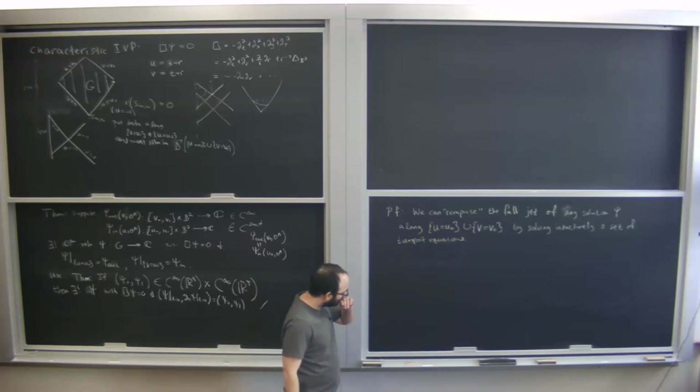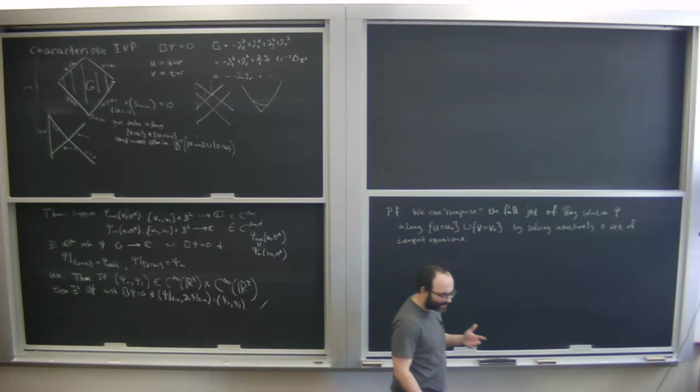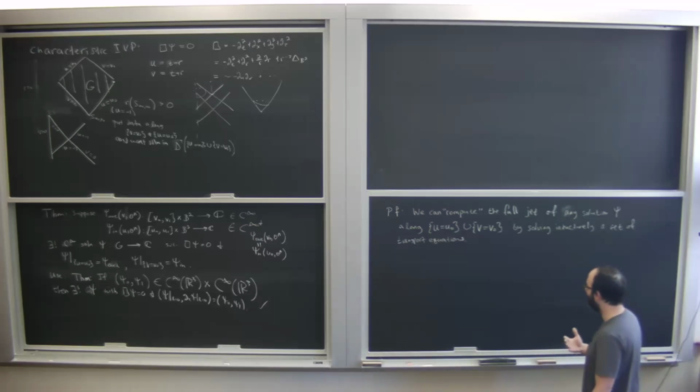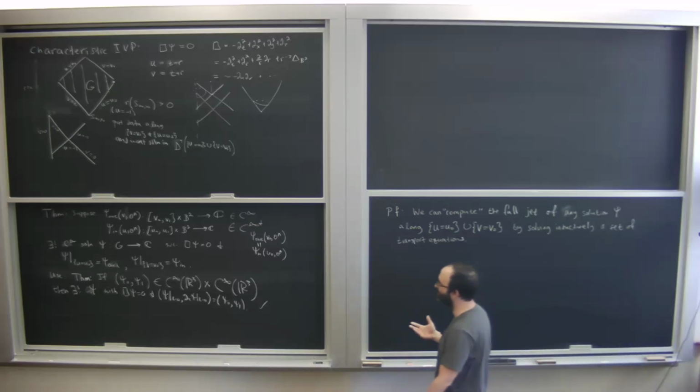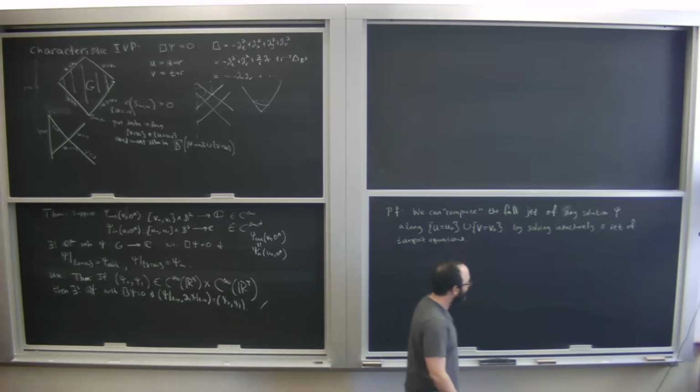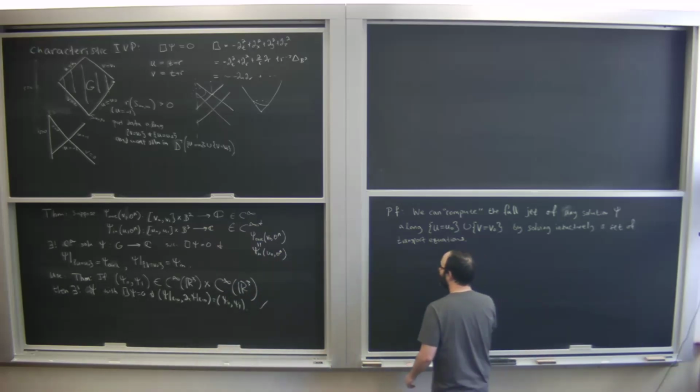The jet just means all the derivatives, all the information of every derivative. So without needing to abstractly solve any PDE, I can work just along v equals v naught, u equals u naught, and I can compute the full jet of the solution. So how does this work?